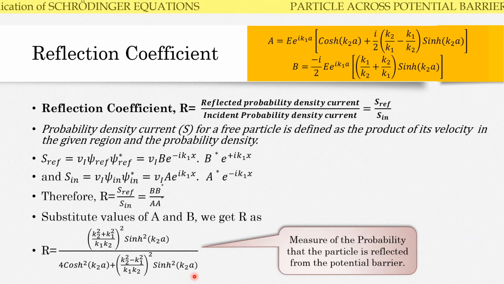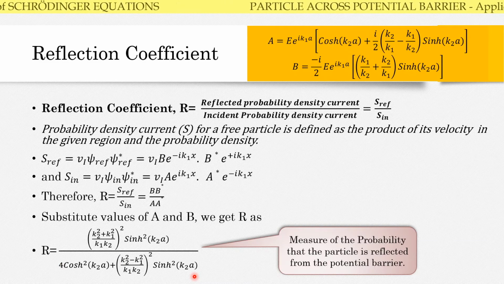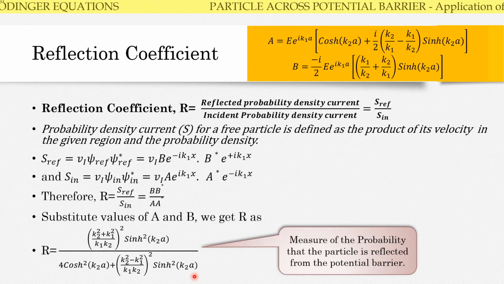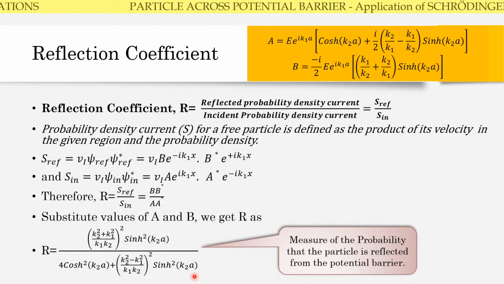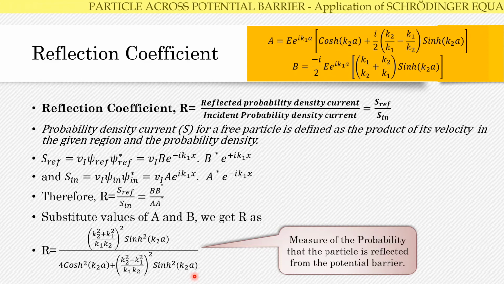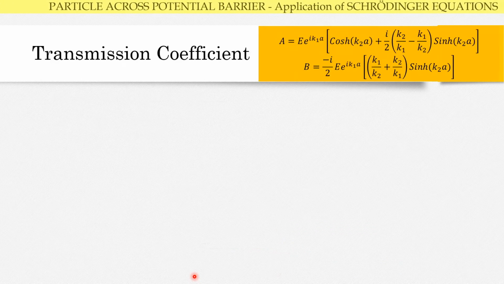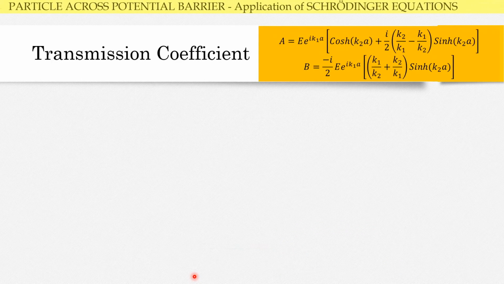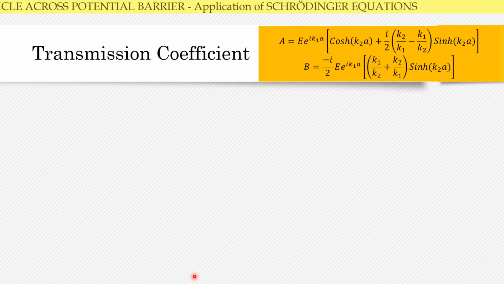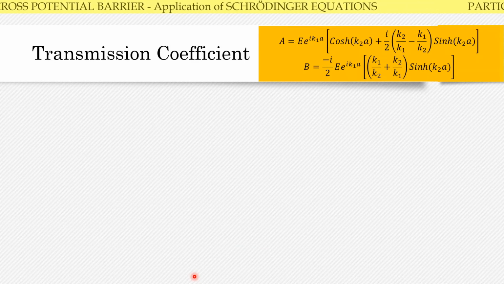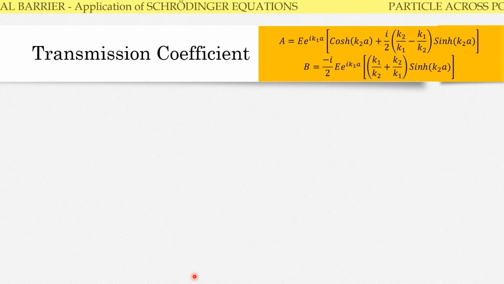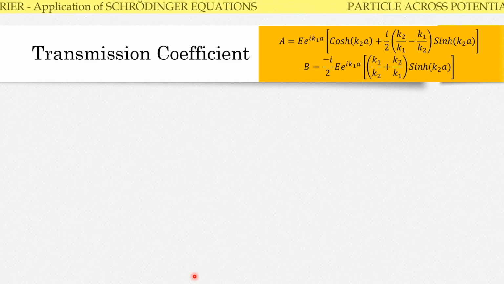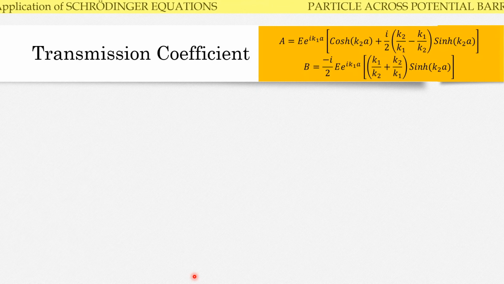It means that there is also some probability of getting transmitted, of penetrating into the next region, region 2. So we must calculate, as our next step, the transmission coefficient and see what the transmission probability is. This calculation can be done as we have done previously for the reflection coefficient.